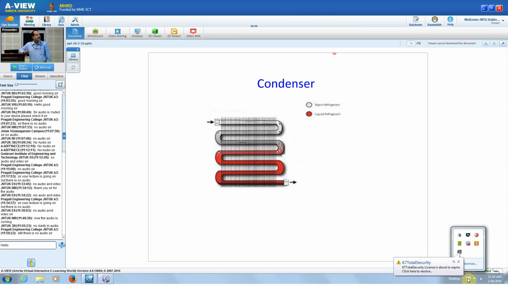Okay? And before entering the condenser or after the compressor, the temperature is more. It flows like this and is totally converted to liquid. That's why if you touch this condenser tube, because we have refrigerators at home, at the top side after the compressor, you will feel it very hot. And at the end, it will be very cool.